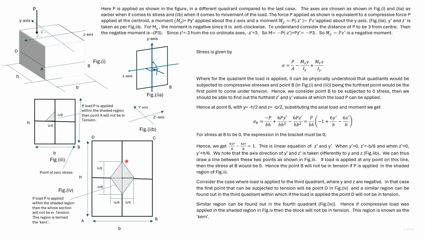If the load is applied anywhere along these 4 lines, then the opposite point would be in zero stress. If the load is applied in the region outside this kern, then at least part of the section will be in tension.